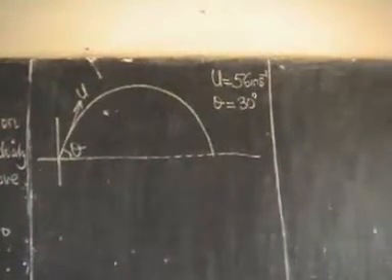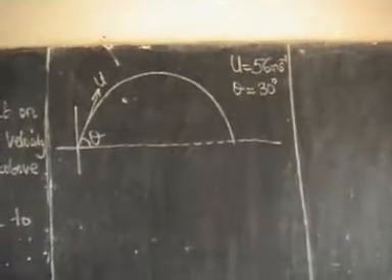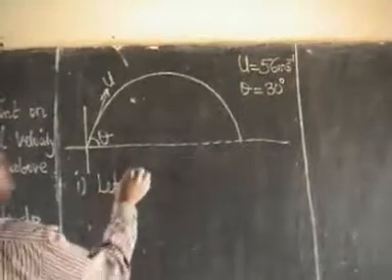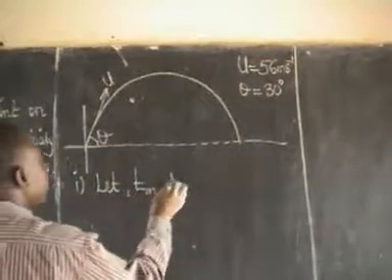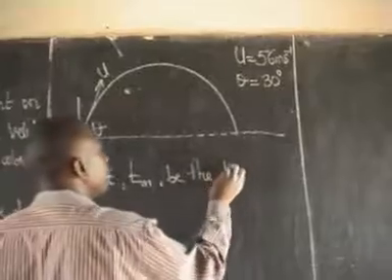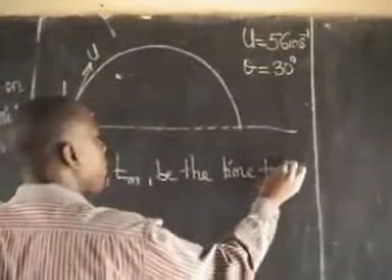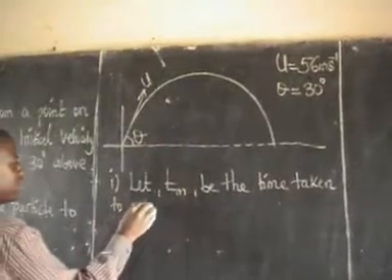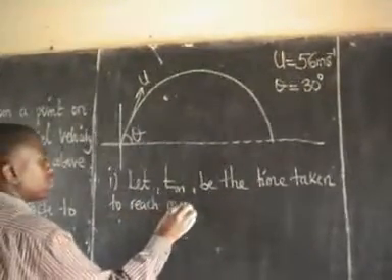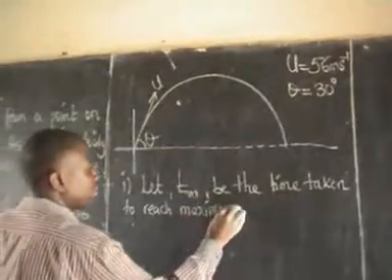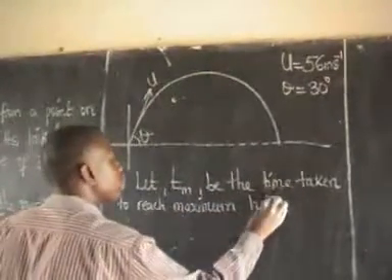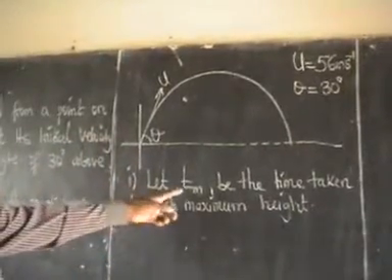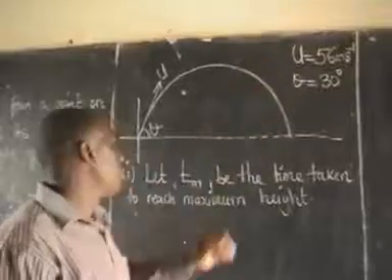So Roman 1 requires us to find the time taken for the particle to reach its maximum height. Let Tm be the time taken to reach maximum height. You think of an equation that will exploit the given values.